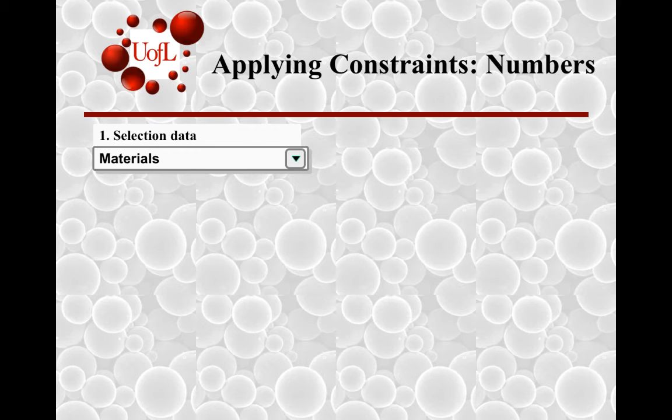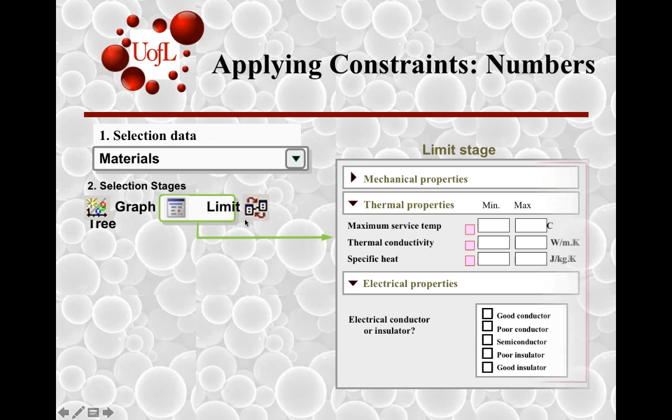In order to do that, we will work with a platform, as we will introduce during Module 2, which is a CES EduPack. That you go through the materials universe, and you can either plot them or you can apply some kinds of limits in addition to plotting them.